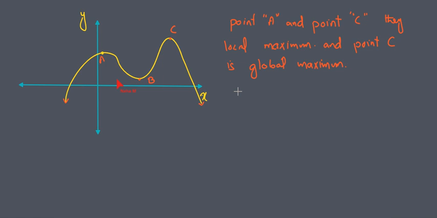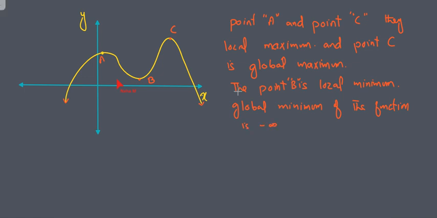And then the point B is our local minimum, and as we move forward, the global minimum of the function is approaching negative, right?